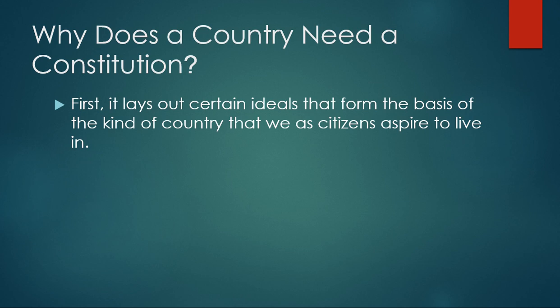So the first feature of the constitution is that it is the basis of the kind of country in which we as citizens aspire to live. What should be the type of the country, what should be the rules, what should be the laws for the country? All those laws we all agree on, irrespective of our caste, religion, culture, gender.